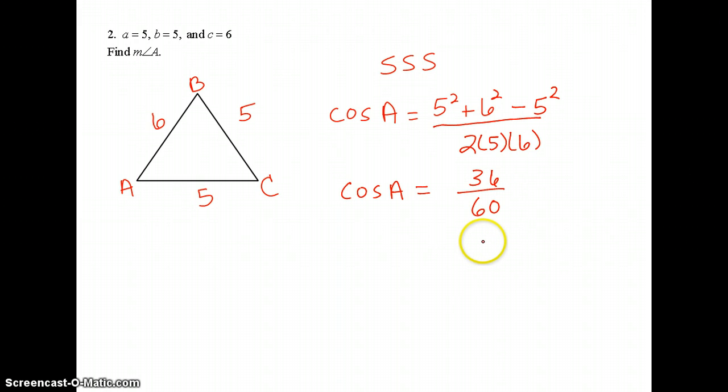Now since it's an angle I'm trying to find, I'm going to put A is going to be equal to, I have to take the inverse. So the inverse of cosine of 36 over 60.